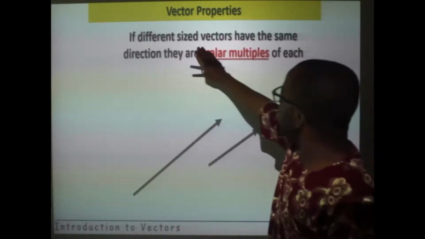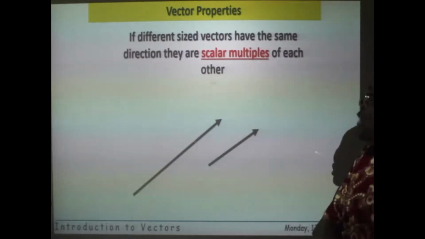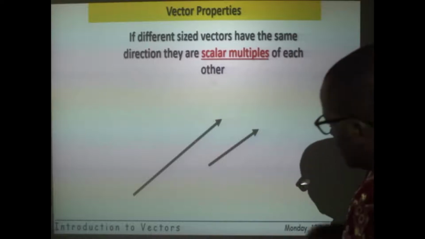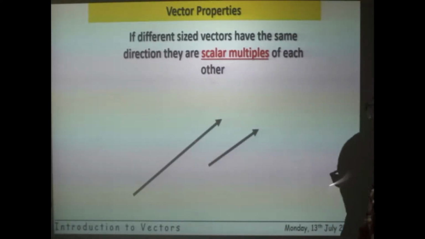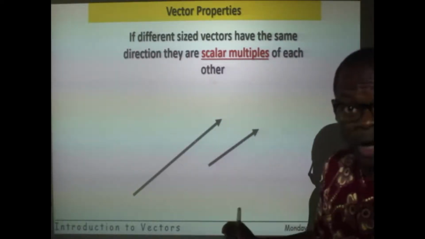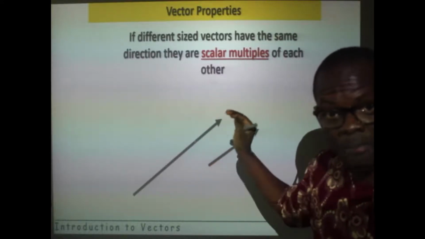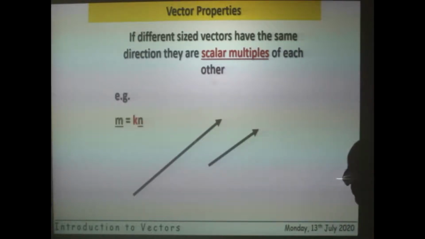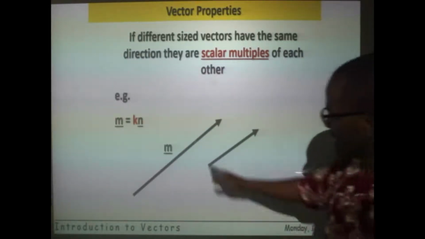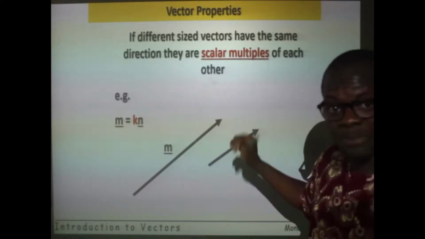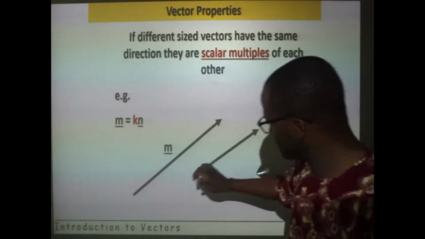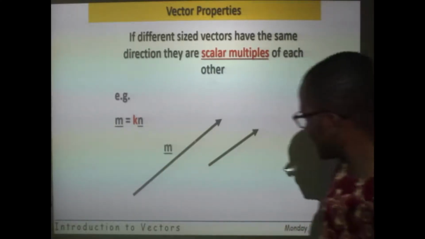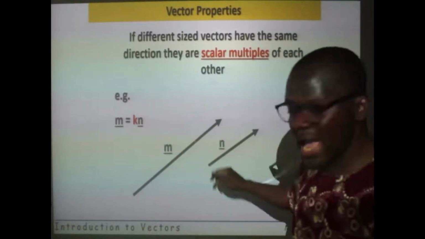Let's see some more examples. If different sized vectors have the same direction, they are scalar multiples of each other. We have these two vectors here. One is longer than the other, but you can see they're both pointing in the same direction. So one will be a scalar multiple of the other. Let's take the longer arrow to be the vector m and the shorter one to be the vector n.